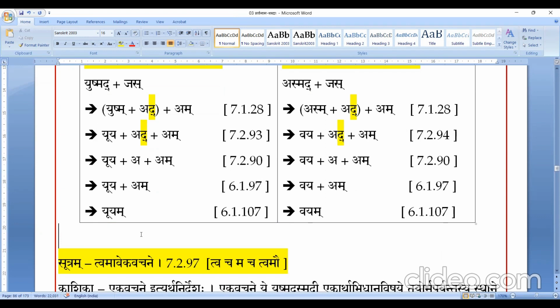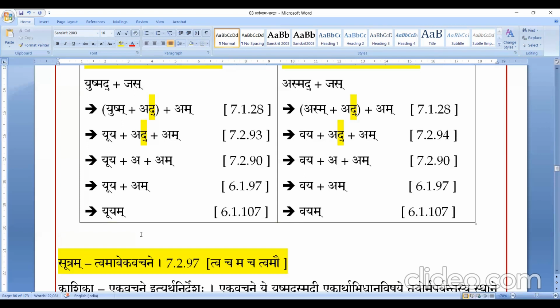So for Pratama, Dvitiya, and Chaturthi, this Nge Pratamayoram is a common sutra. In Pratama Vibhakti Ekavachana Pratyaya, for the Ekavachana declension, Vah so we applied. Sheshe Lopah is an important sutra to be applied, excepting where Atva Yatva Adesha happens.